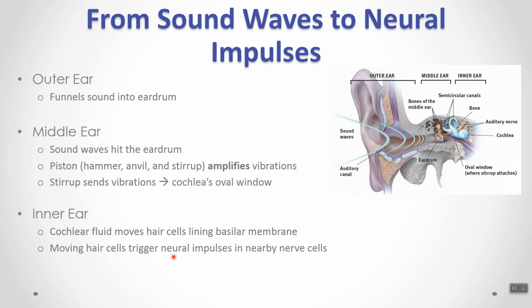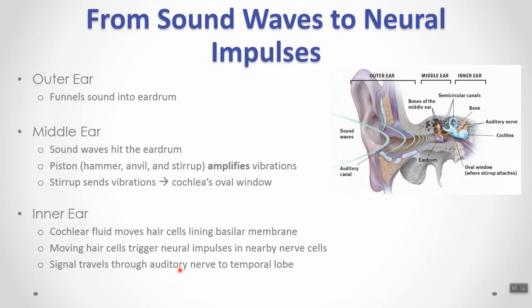Moving these hair cells triggers neural impulses in nearby nerve cells. So it's receiving information, detecting that certain hairs are moving, and these nerve cells are attached to the cochlea here. These signals go to these nerves, which all form the auditory nerve.